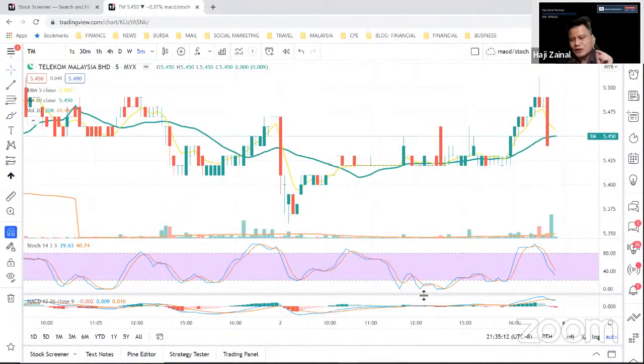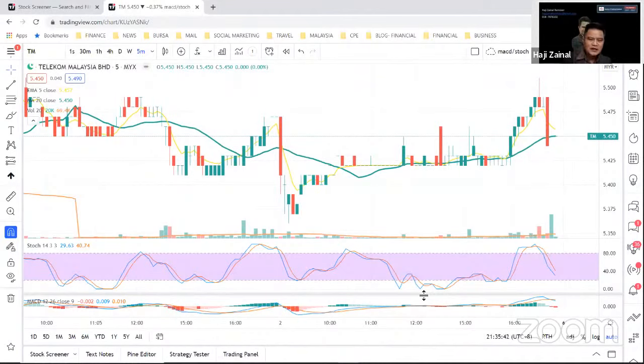But you also have to determine where your stop loss is, because the way of trading short term, especially intraday, is completely different compared to swing trade. The risk and reward ratio is different.